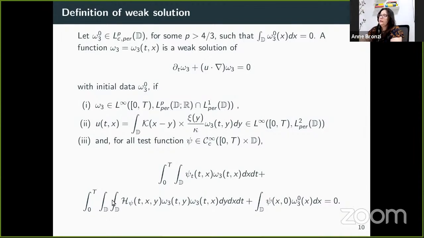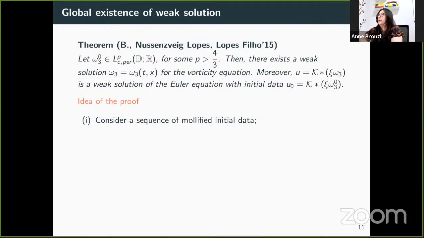This H here is given in terms of the kernel. We take the kernel and symmetrize it. With this, we gain a little, actually we take off a little bit of the singularity that we have at the diagonal. And we were able to prove this result.